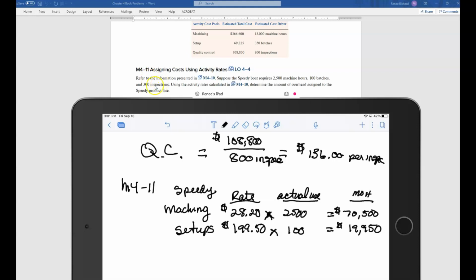They also had 300 inspections. That's quality control. So QC, and we determined that QC was $136 per inspection. $136 times 300 inspections is $40,800.